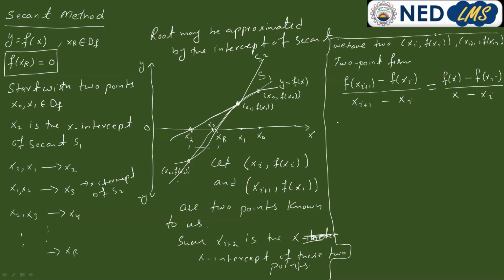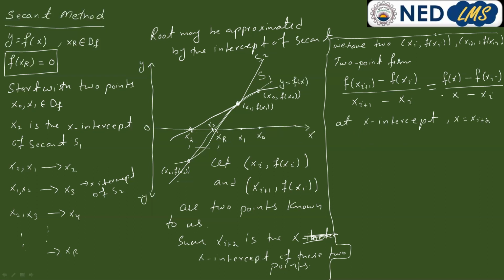So at the x-intercept, that is x equal to xi plus 2, we could call this point xi plus 2. Although this is related to x2 based on x0, x1, this is the point.